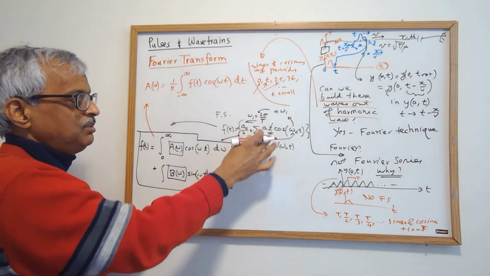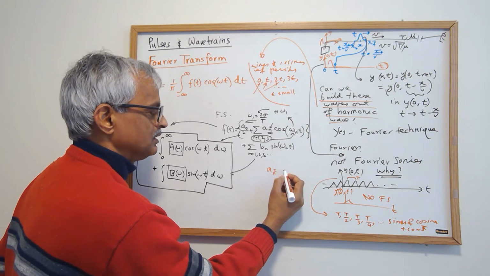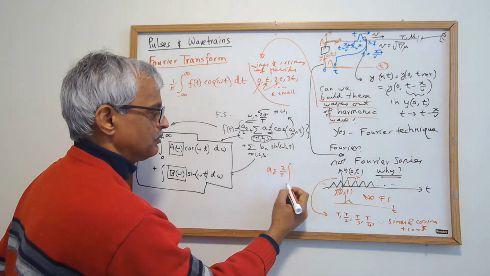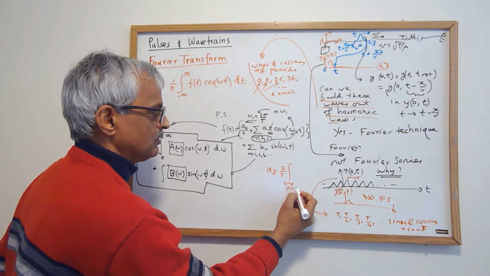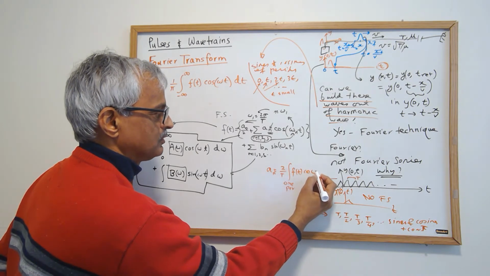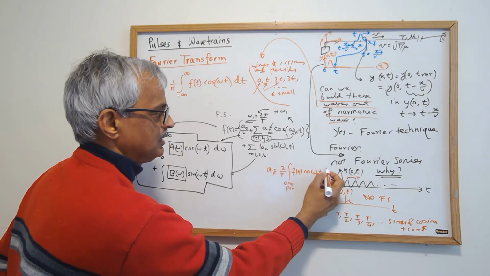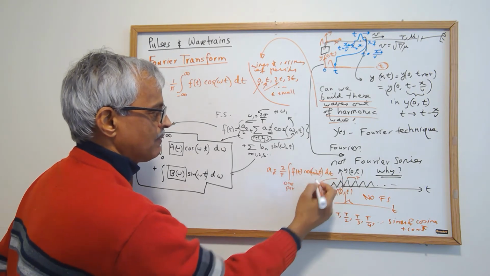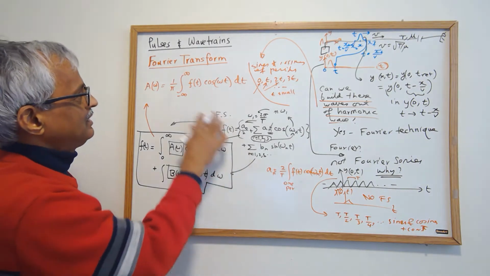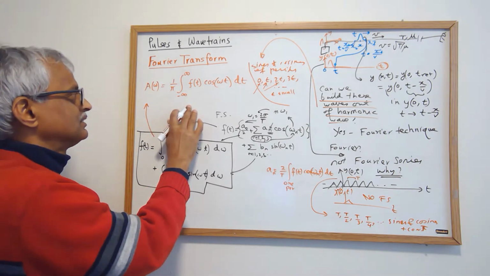If you look at an, it was 2 over the period, and we had f of t cosine omega n t dt. That gives me an. But here I have this pi coming in. There's no period. That's a difference.